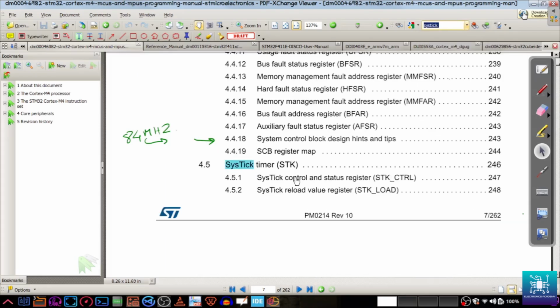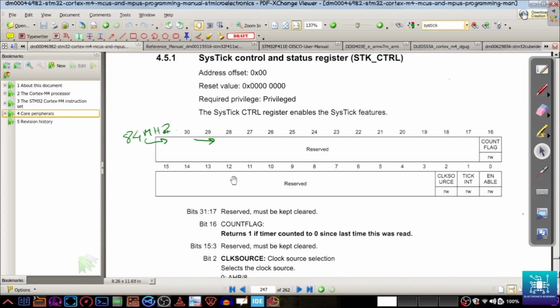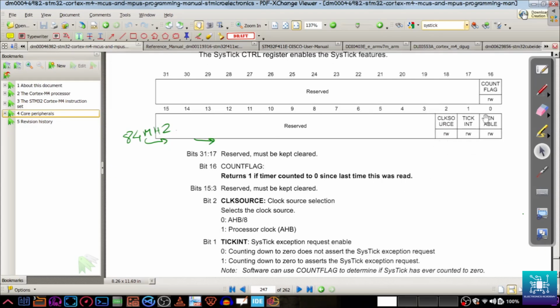So Systick timer. So this is the Systick control and status register, and these are the 3-bit fields that we had been talking about. One is enabling the Systick itself, another one is enabling the interrupt related to Systick, and another one is the clock source.